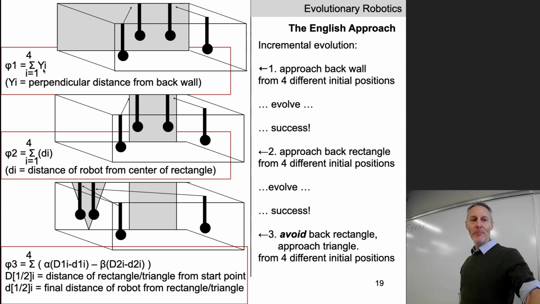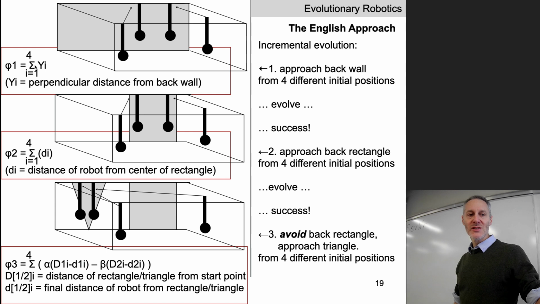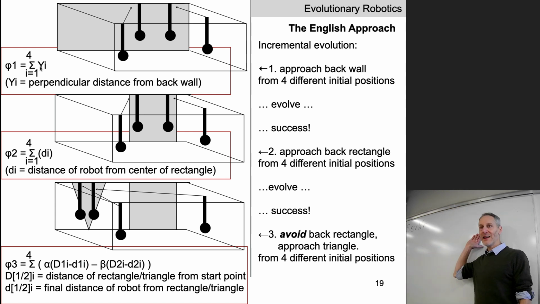We have uppercase Y sub I here. Y is the distance, perpendicular distance away from the back wall. So if the inverted periscope drives to the front of the table, that produces a large Y sub I. If the robot drives to the back and is touching the back black rectangle, Y sub I is 0.